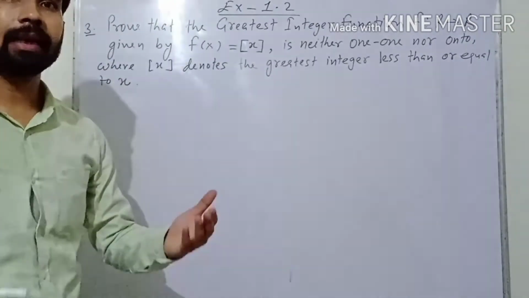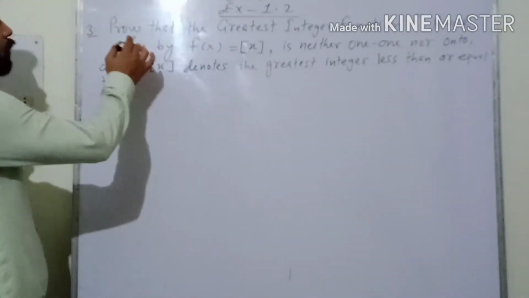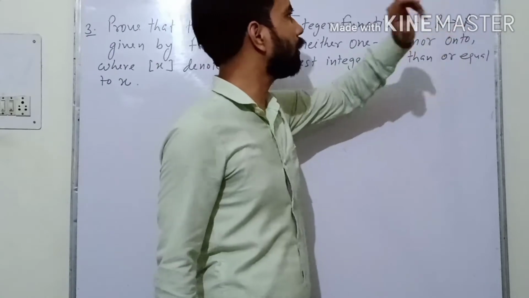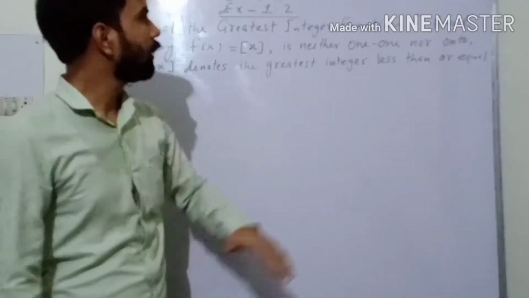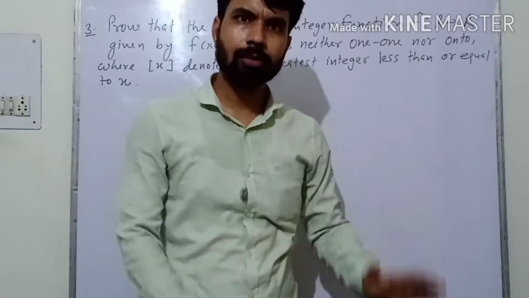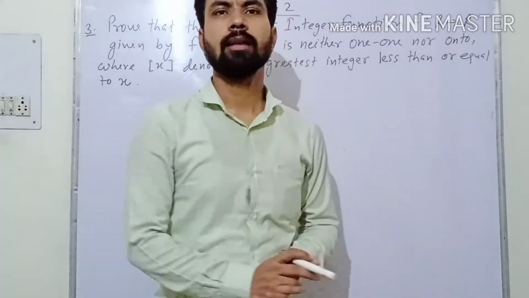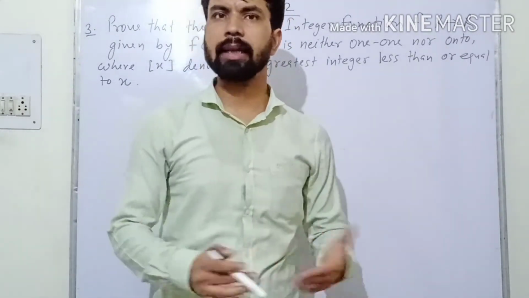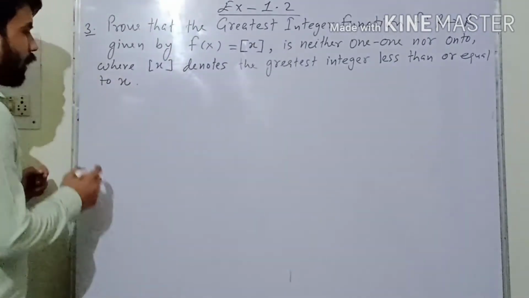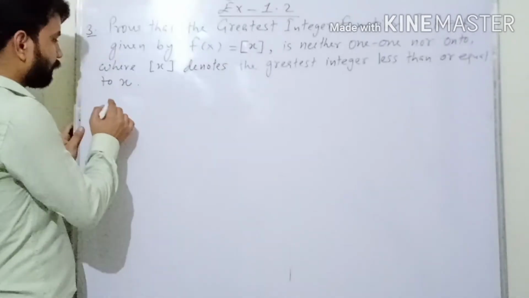But what is the greatest integer function? Here this is the greatest integer function, defined on real numbers to real numbers, and we have to show this function is neither 1-1 nor onto. Understood? Before solving this, I want to explain what a greatest integer function is.